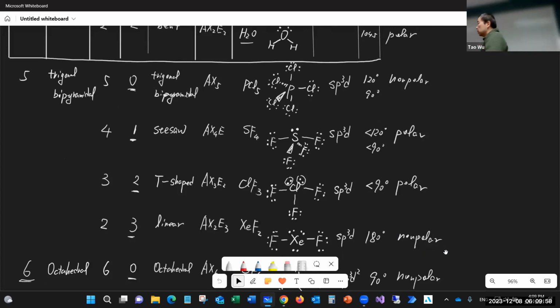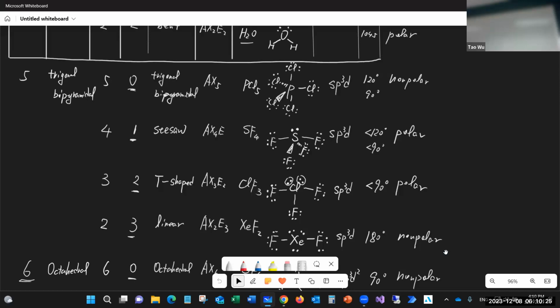That's because the 3 lone pairs in the middle have a 3 electron domain: one is here, one is here, and one is here. So these 3 electron domains cancel each other, which makes the molecule a perfectly linear structure. That's why this molecule is nonpolar. This is one of the exceptions.